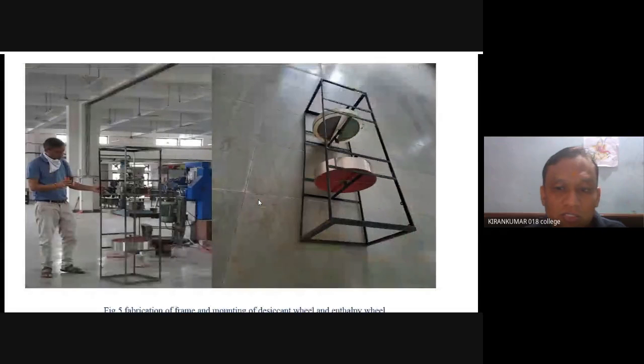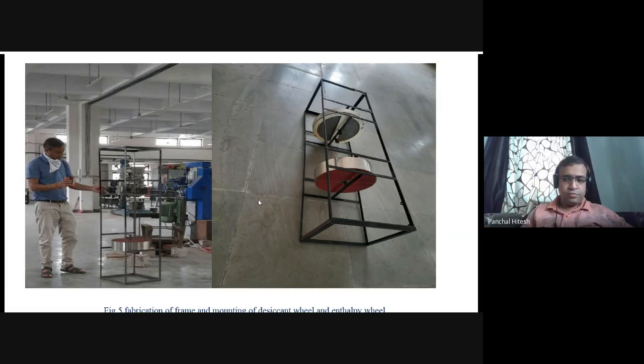This is the alignment and assembly of the desiccant wheel as well as the enthalpy wheel in a frame section. The frame size is 8 inch by 15 inch; it is a 400 mm square duct, and the length is 5 feet.